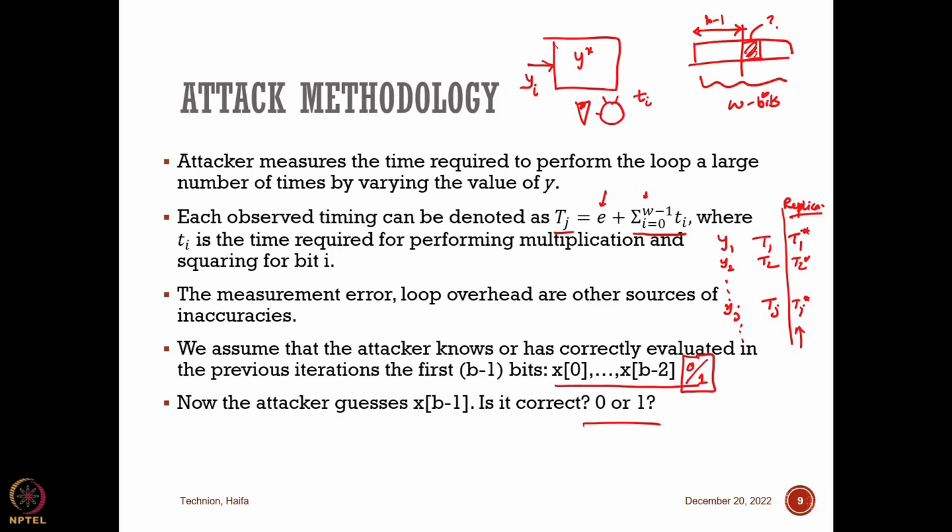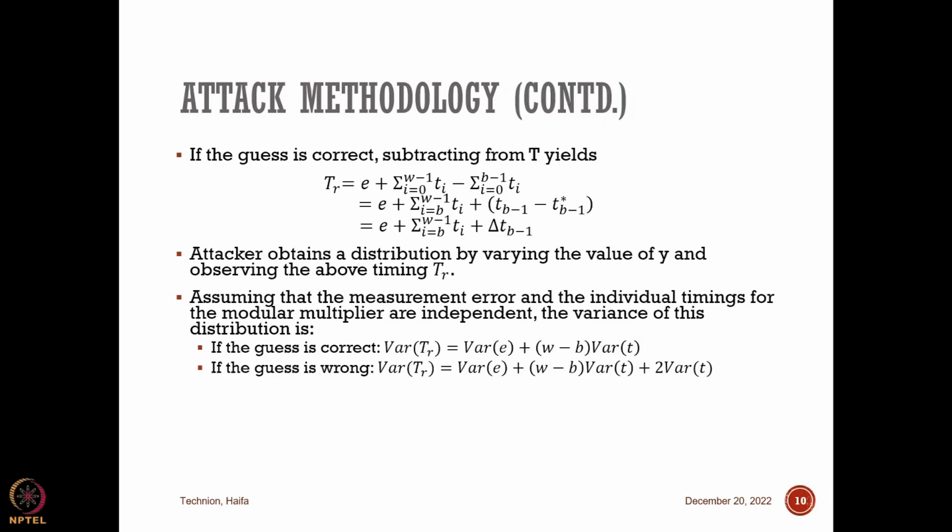And now I calculate the difference of these two timings. If you calculate the difference, then in the first timing you have the particular term which I explained, and in the second you have this term, where the loop index goes from 0 to b minus 1.